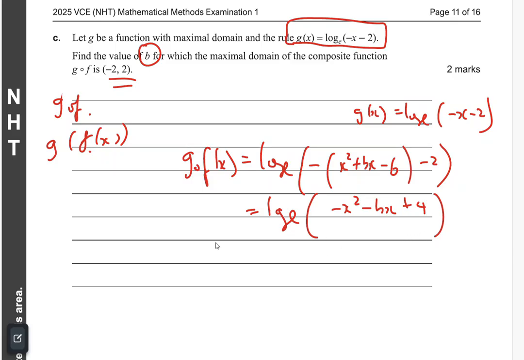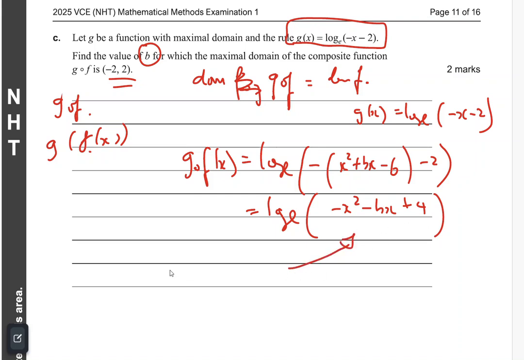And I want the domain of this, the domain of g of f, to equal the domain of f, which is this one here. And I want that to be between negative 2 and 2.